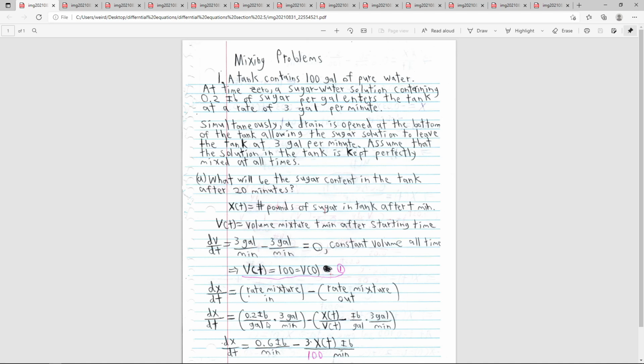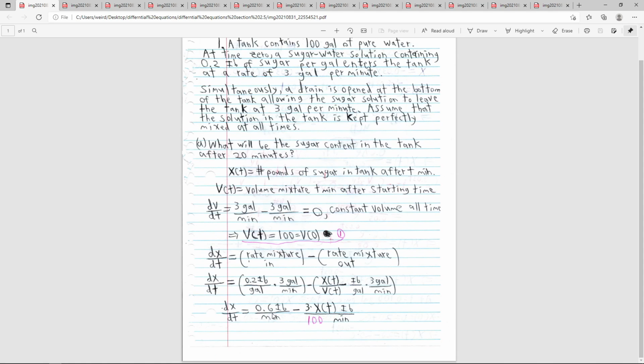It allows us to convert our 0.2 pounds per gallon to 0.6 pounds per minute when you multiply by 3 gallons per minute. And then the rate of mixture out is x(t) divided by v(t), in pounds per gallon, multiplied by 3 gallons per minute to get rid of the gallons. So we're subtracting 3 times x(t) divided by v(t).